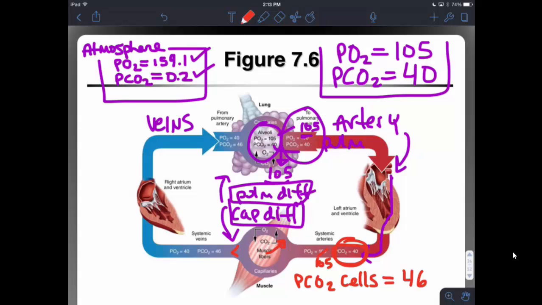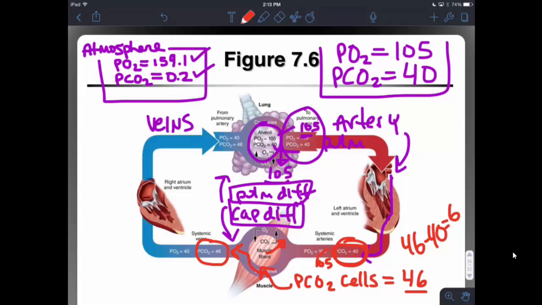So we're going to have CO2 moving from the cells actually into the blood. Okay? And we have a gradient of 6 because 46 minus 40 is 6. So we have a gradient of 6 driving CO2 out of the cells, and it's going to equilibrate with what's going on in the cell, which is 46, and therefore we're left with a PCO2 in the venous blood of 46.